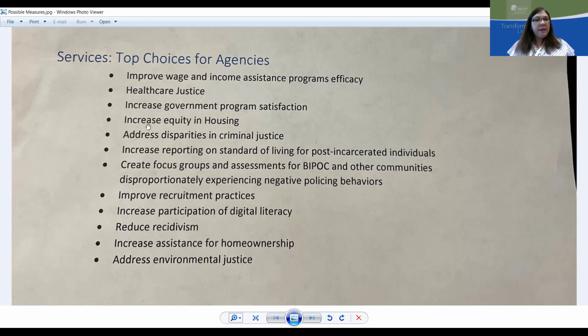And 4 is increase equity in housing. Five, address disparities in criminal justice. 6, increasing reporting of standard of living for post-incarcerated individuals.